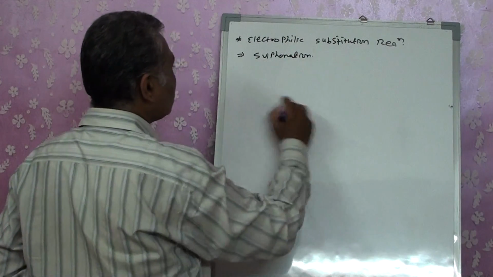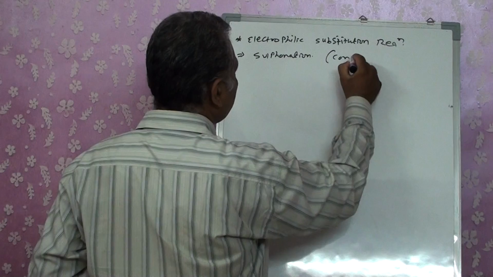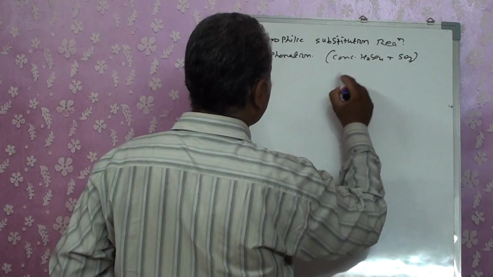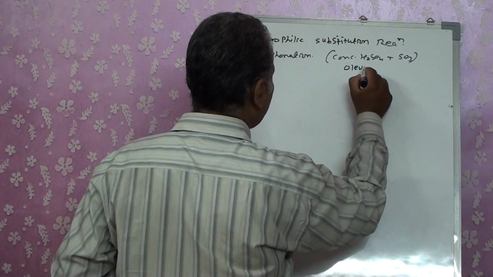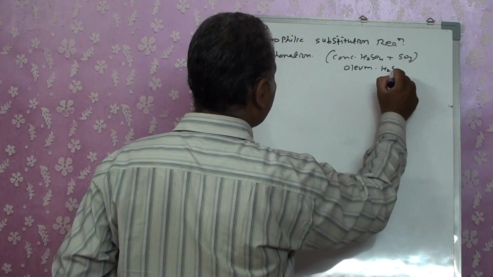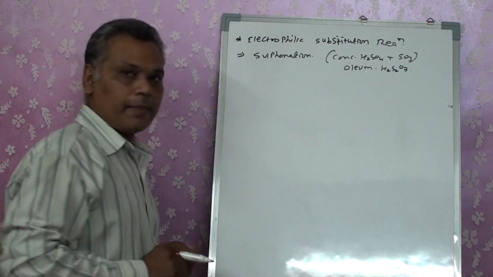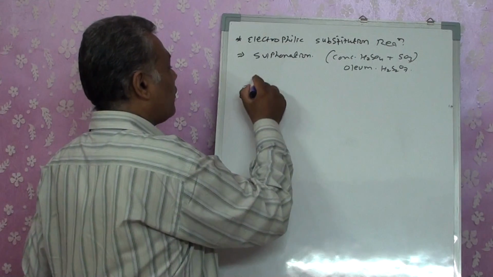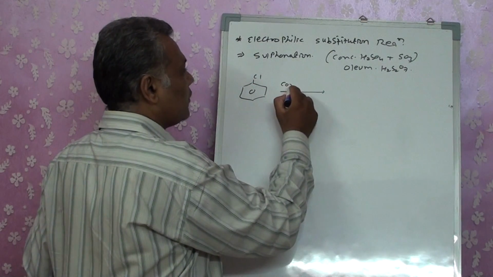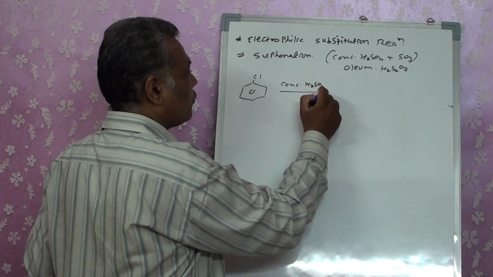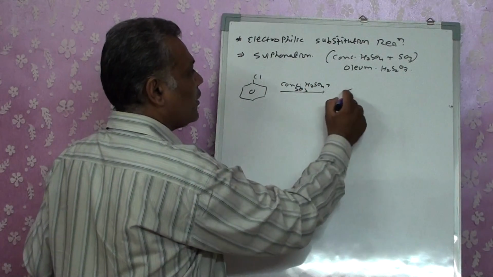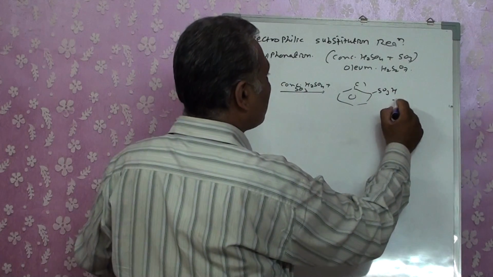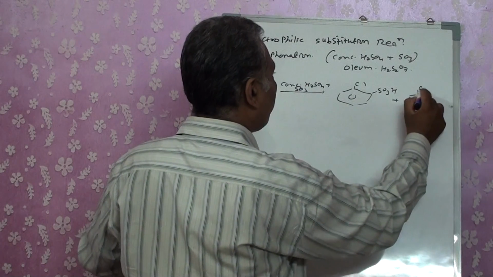Now sulfonation means, particularly for this, the reagent is concentrated H2SO4 plus SO3, that is known as oleum, H2S2O7, right? So when chlorobenzene is reacted with concentrated H2SO4 plus SO3, it gets converted into SO3H at ortho plus para.